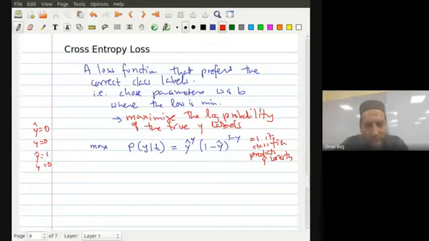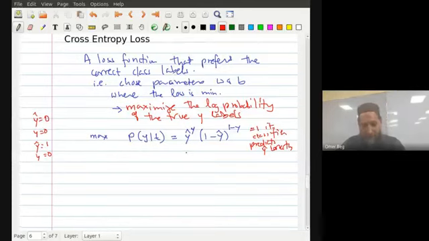So this would be a 0 to the power 1, and this is going to bring the 0 in, and multiplied by 1 would become a 0. So this probability would be 0 if the predicted label is incorrect.